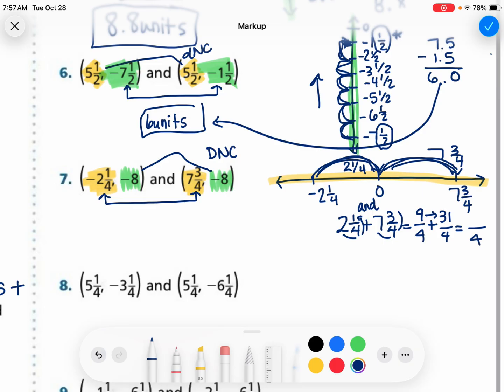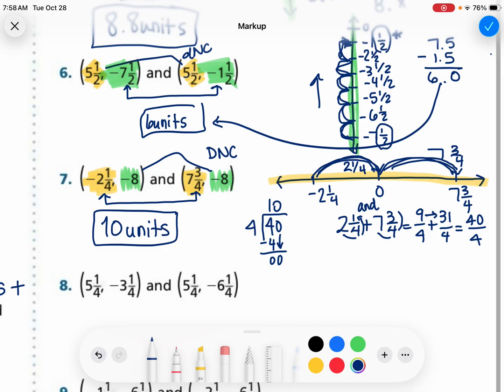Then 9 plus 31 is 40. 40/4. Check if it needs to be reduced. Some of you already know the answer. 4 goes into 40 ten times. So I am 10 units away.